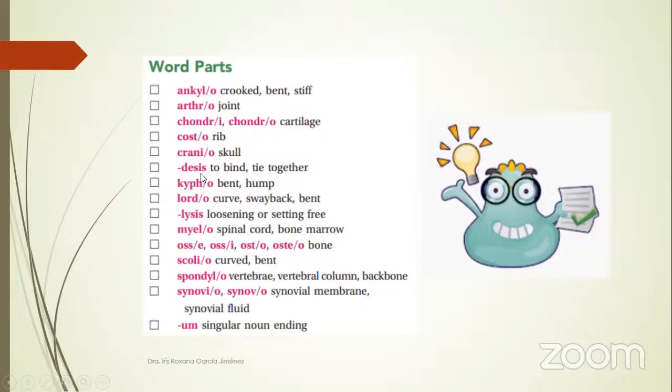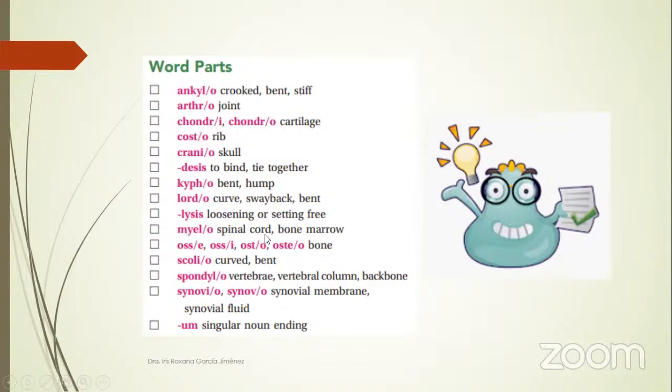When you have a hyphen and then some suffix, of course, you can see it's a suffix. This is to bend, tie together. This is a word root, kyph or kypho, to bend or hump. Lord or lordo, curve, sway back, bend. Again, a suffix, lysis: loosening of or setting free.